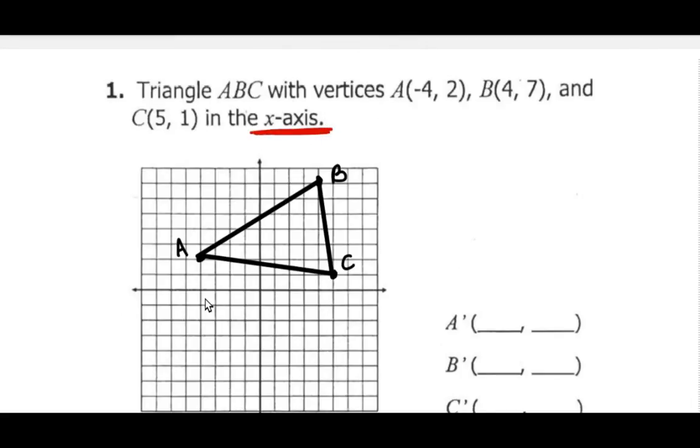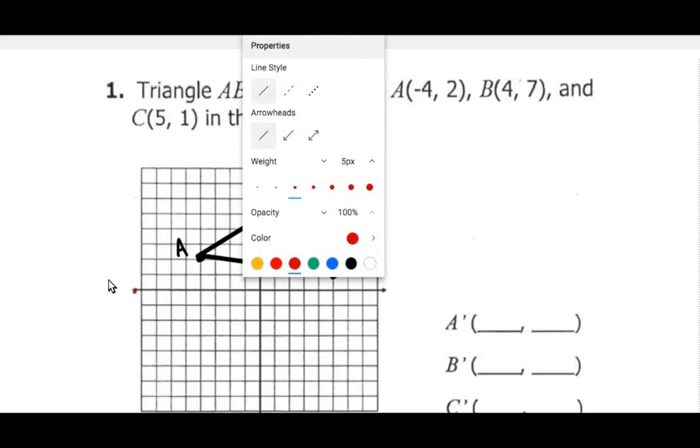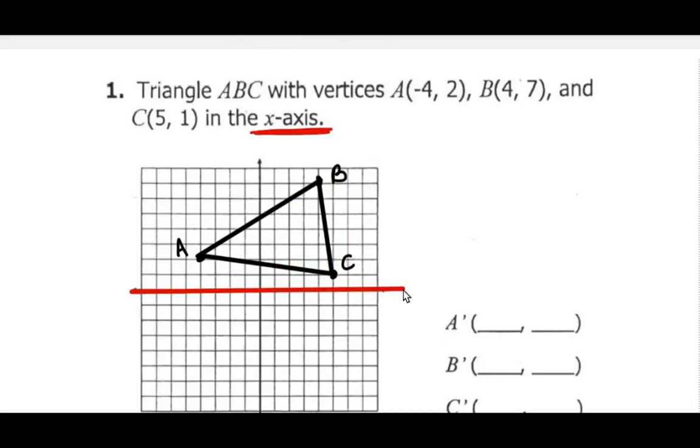So that means that the x-axis is our mirror. So what I like to do is I'll take a different color, and I'll draw a line on my line of reflection.